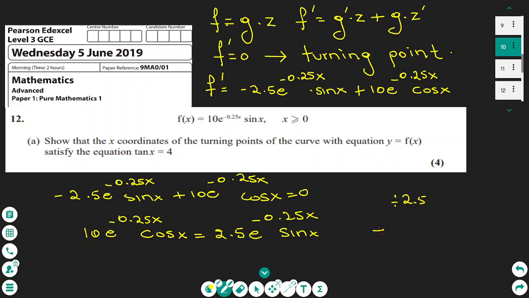We have the equation tan x = 4. This is the equation that satisfies the first derivative being equal to 0.